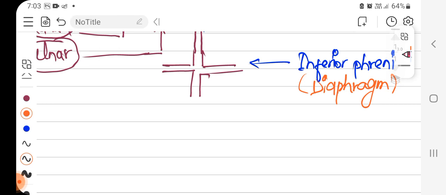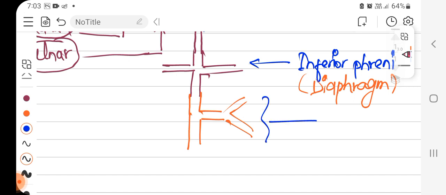Then when we move on downside, we have one common celiac artery. This common celiac supplies blood to the gastric system or intestinal system.